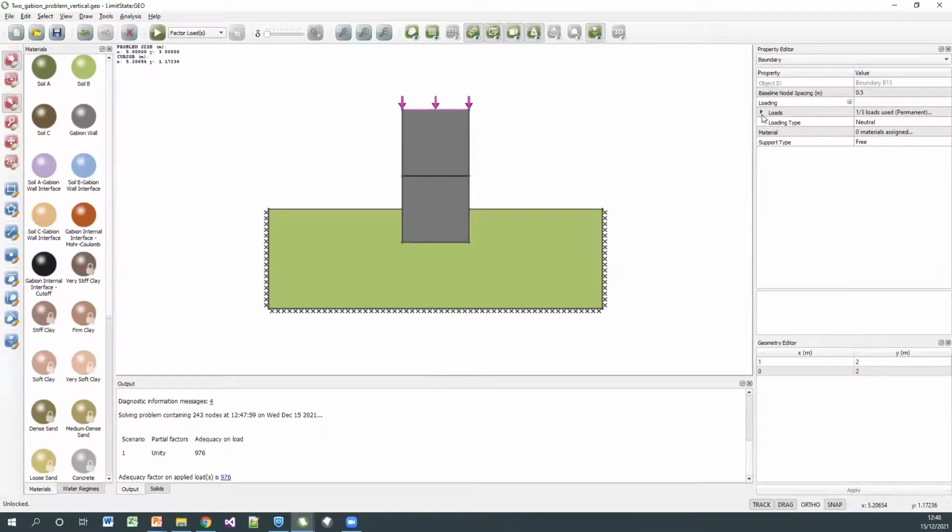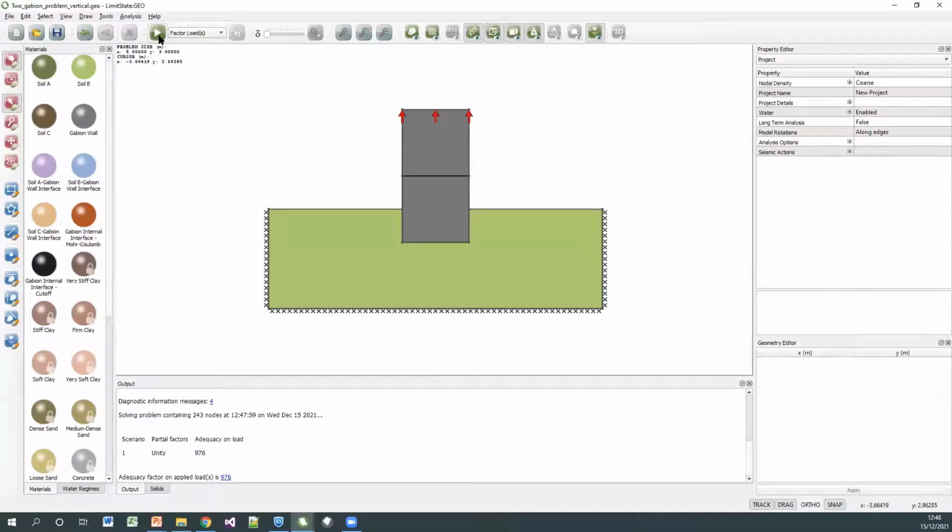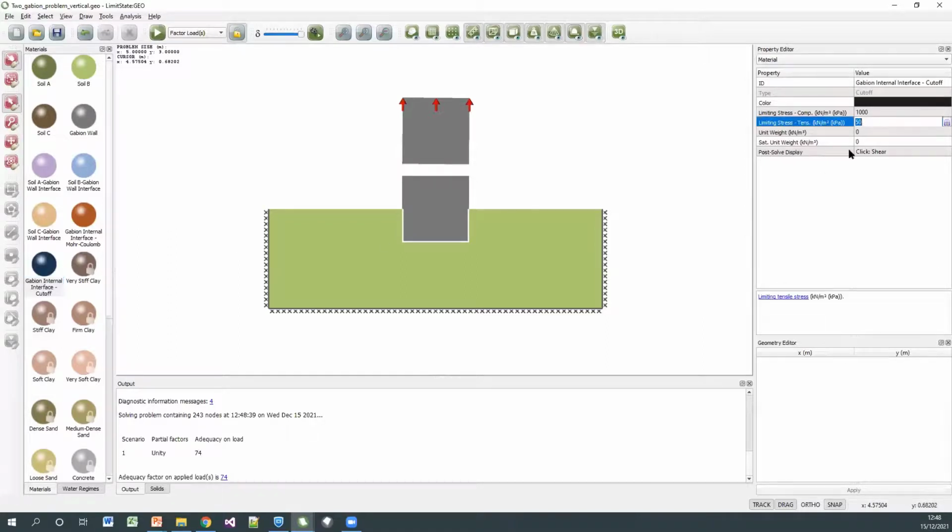If I flip the load round, so make it -1, and then solve, then I get an answer of 74. And the block fails by basically coming apart in tension. And the load of 74 is what I should expect. On the interface, I've got a tensile strength of 50.